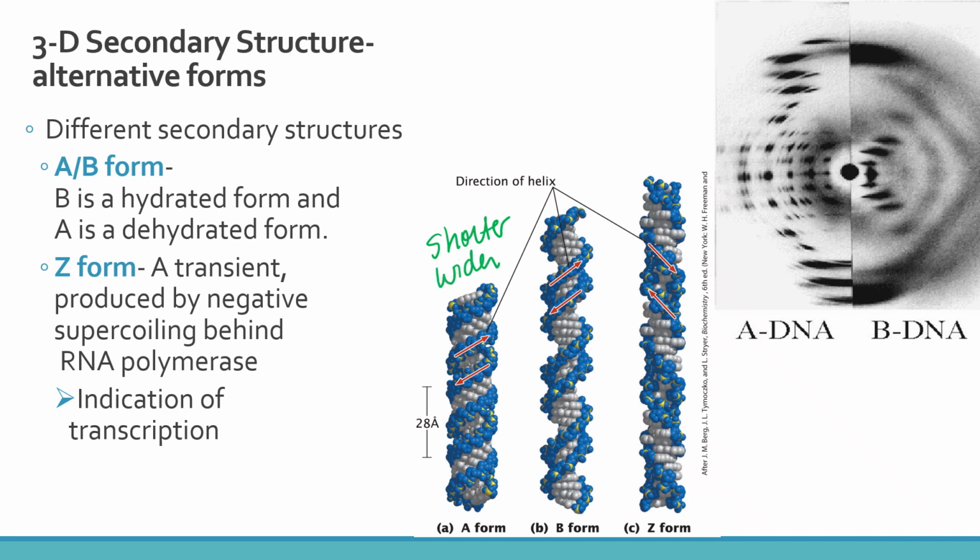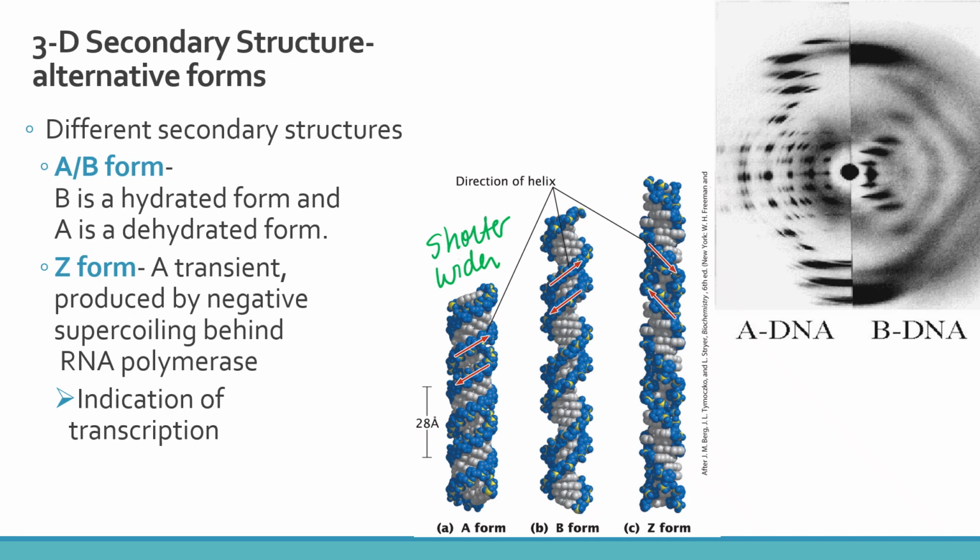There is a third form of DNA, which is a sort of temporary structure. This is Z form DNA. Z form DNA is produced from a negative supercoil. We'll talk about what supercoiling actually is in the next video, but supercoiling is basically twists that keep twisting. So a negative supercoil is a twist in the opposite direction.